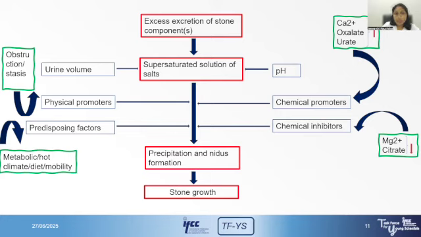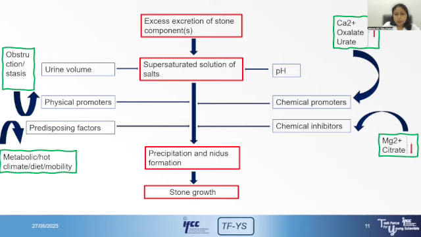When there are excess insoluble salt compounds in the body, they supersaturate. This supersaturated solution is affected by the patient's urine volume and urine pH. From there, physical promoters, chemical inhibitors and predisposing factors lead to precipitation and nidus formation, which further leads to growth of a stone.